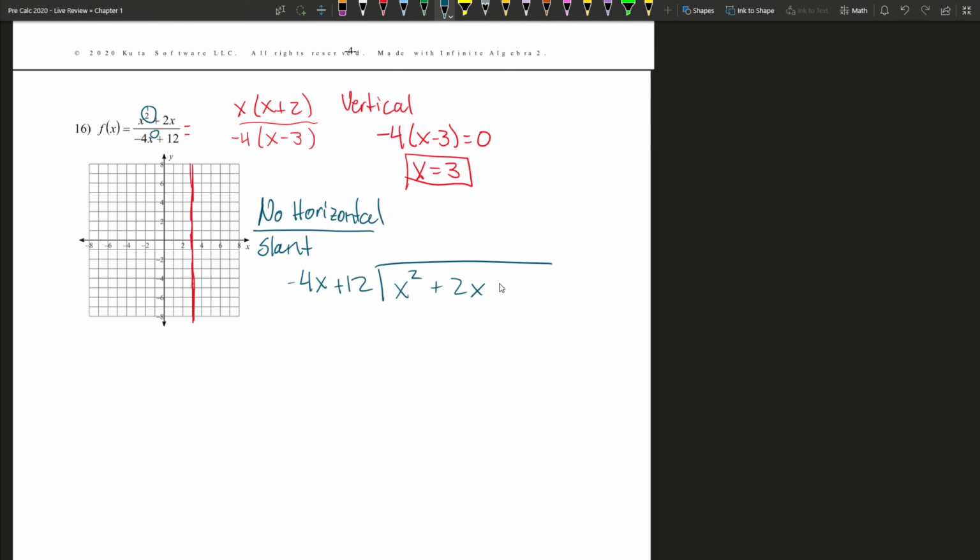So we ask ourselves, how many times does negative 4x go into x squared? That is negative 1/4 x. Negative 1/4 x times negative 4x is positive x squared. When we multiply this by our denominator, that gives us x squared minus 3x.